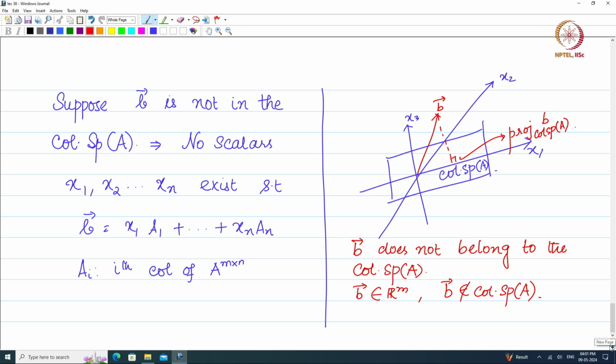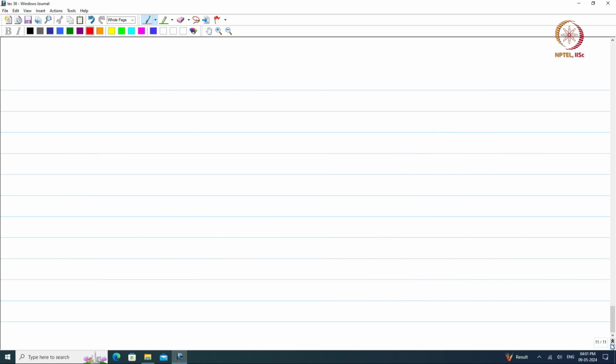We will try to find what we call the best optimal solution, because whatever x scalars you put are not going to reach B at all. Therefore I project my B onto the column space of A. So what we want is the following.